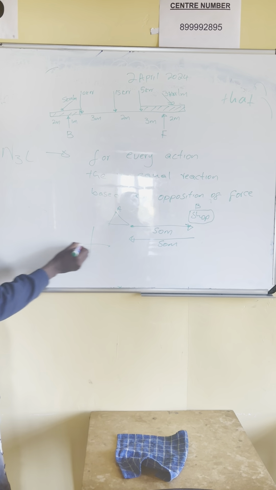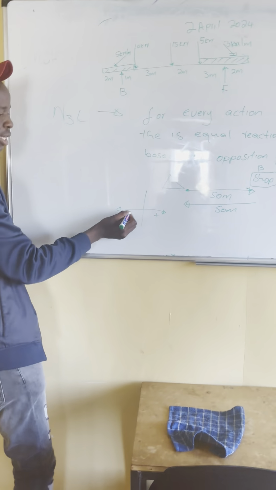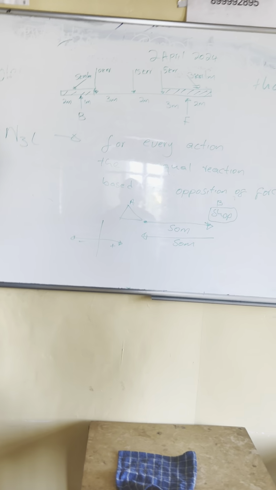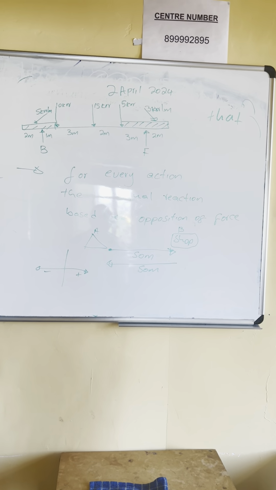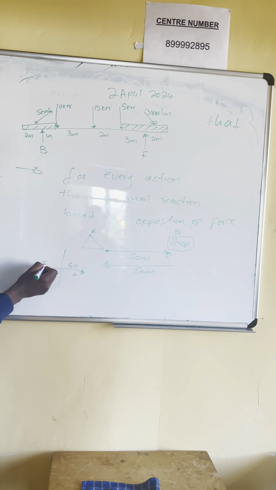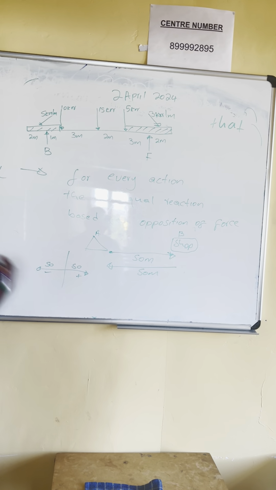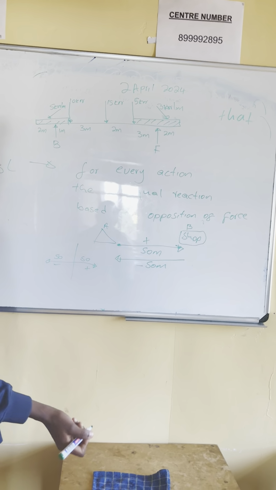Because if you use a Cartesian plane, you find that this is positive, this is negative. That is where we learn about the movement of an object, movement of any human being. Because the moment you're going, you use that 50, the moment you're coming, you use that 50, so they cancel. When you go, it's positive, when you come, it's negative.